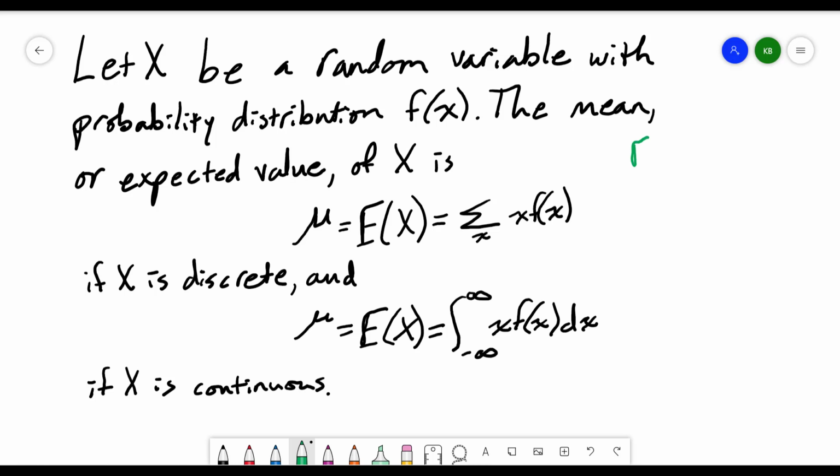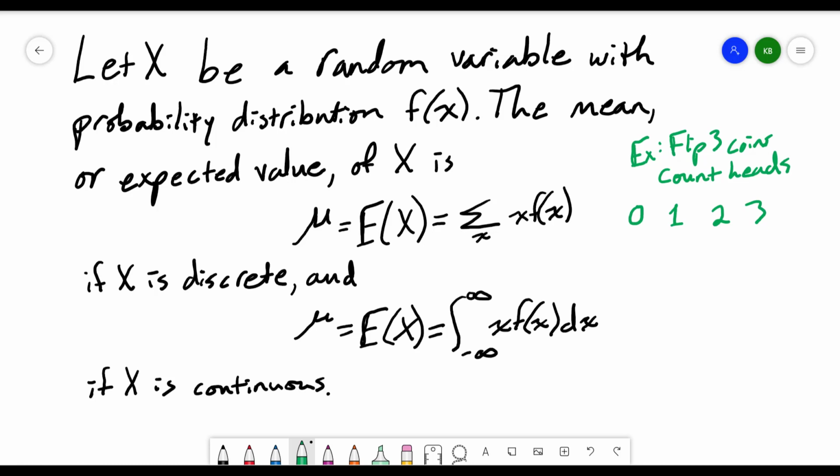So say we have an experiment. In this, we're going to flip 3 coins and we're going to count how many heads we have. So our possible values for our random variable are 0, 1, 2, and 3.